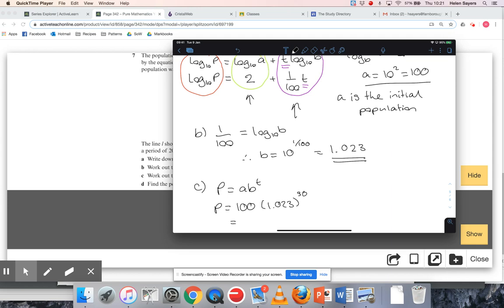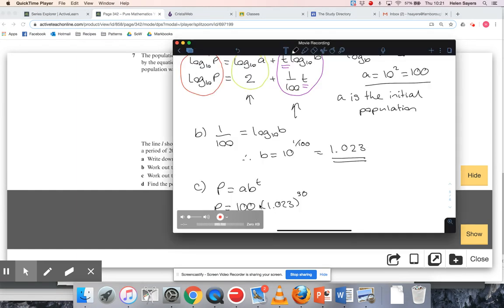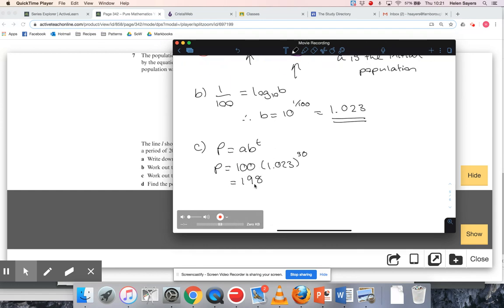Now it's going to make a difference whether I use the full solution for b still in my calculator or the rounded version. I'm going to use the rounded version because they told me to round to 3 decimal places. That gives me 197.8, so I'm going to say 198. It doesn't mention rounding, so I should be fine to go to 3 significant figures or the nearest whole number, in terms of what makes sense in the context of the question.